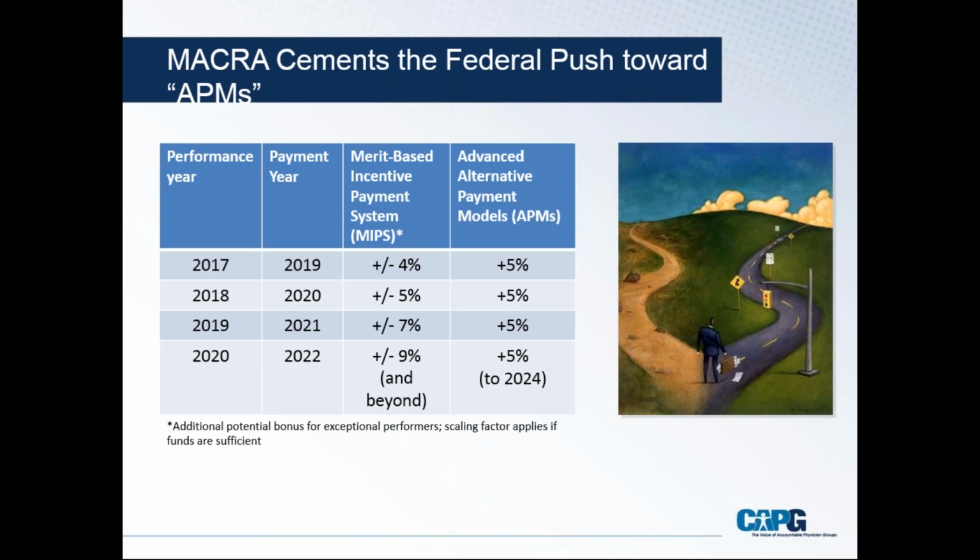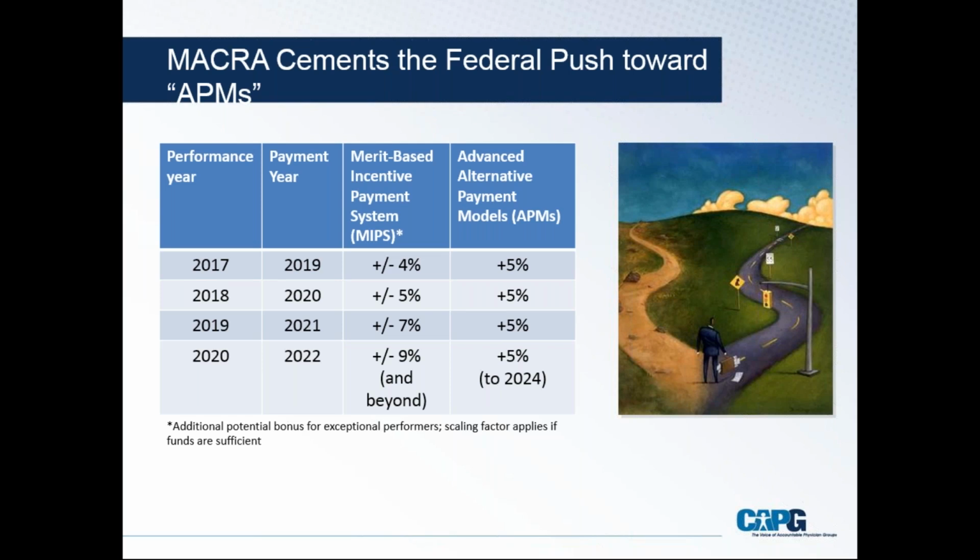And what was so fascinating about this moment in history was the enactment of MACRA, the Medicare Access and CHIP Reauthorization Act, which basically cemented those goals around movement to alternative payment models, but came out of a Republican-controlled Congress.